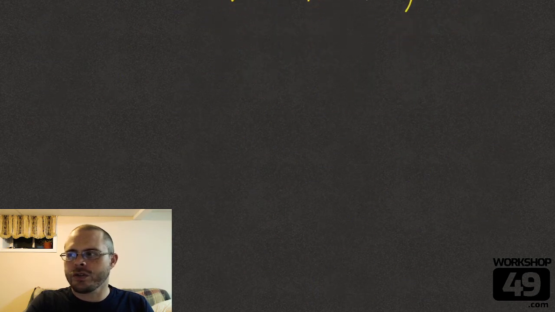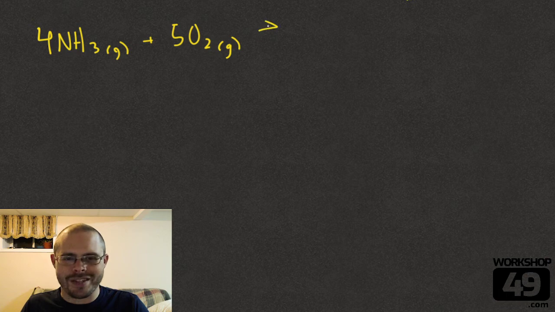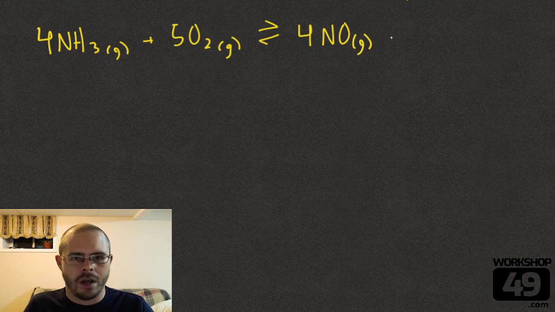Let's scroll this up and put a brand new equation down here. This time it's 4 NH3 plus 5 O2 gives 4 NO plus 6 H2O, a gas. If you did my other Kc videos, I've used this equation before. I like this one because it has lots of big, beefy coefficients.